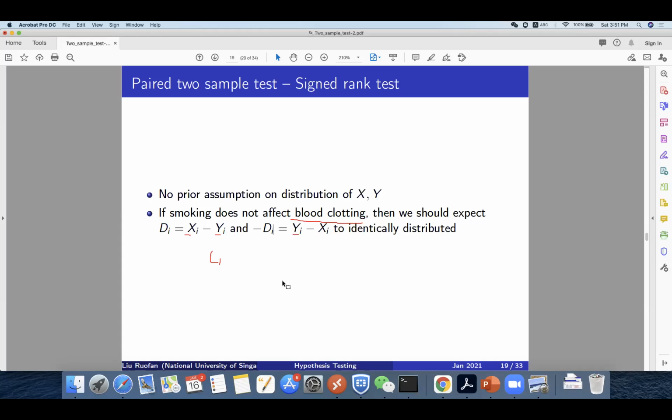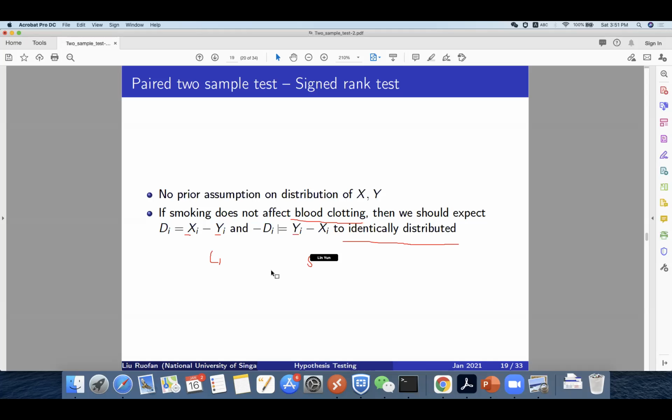So how can they not be identically distributed? When, for example, after smoking my blood clotting level significantly increases, then I should expect that my Di will be negative, but here, minus Di will be positive.